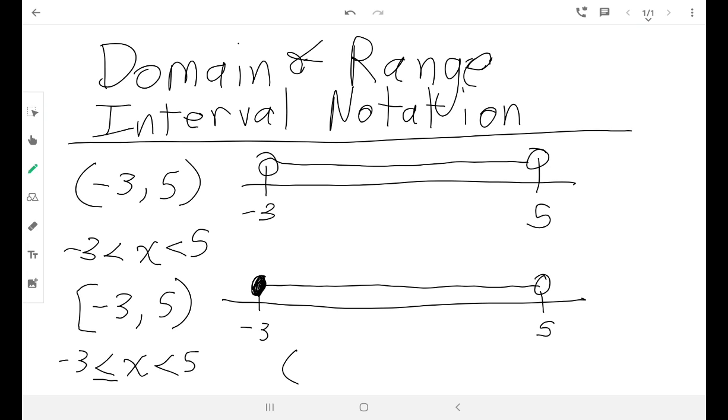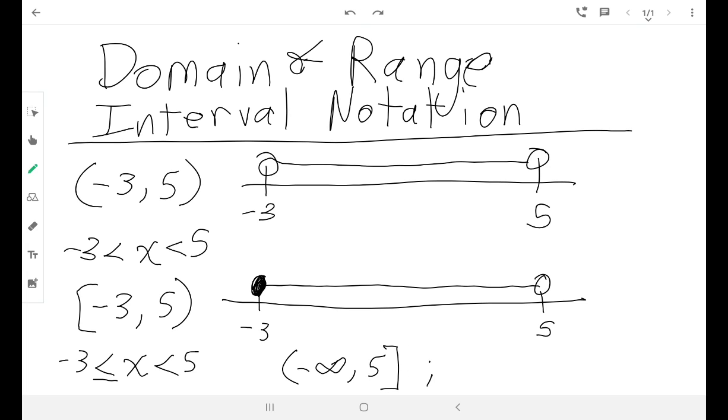If you're talking about infinities, you will only ever see the parenthesis next to the infinity, because you can't ever reach infinity. So that one would be from -infinity to 5, including 5, okay?